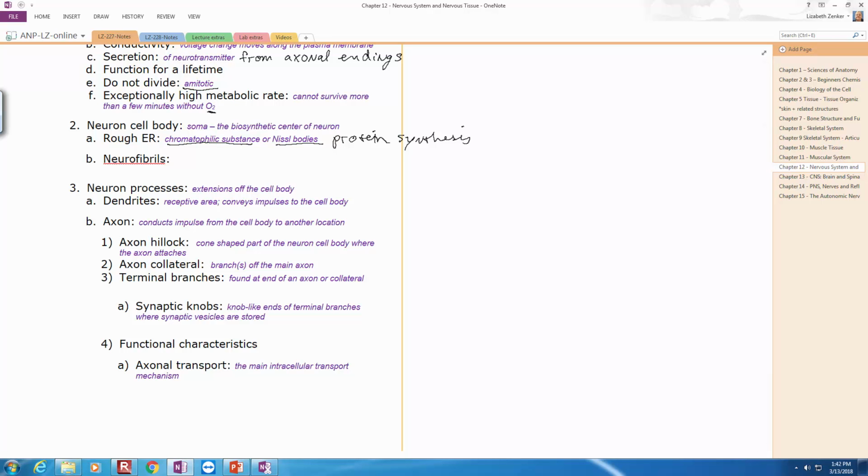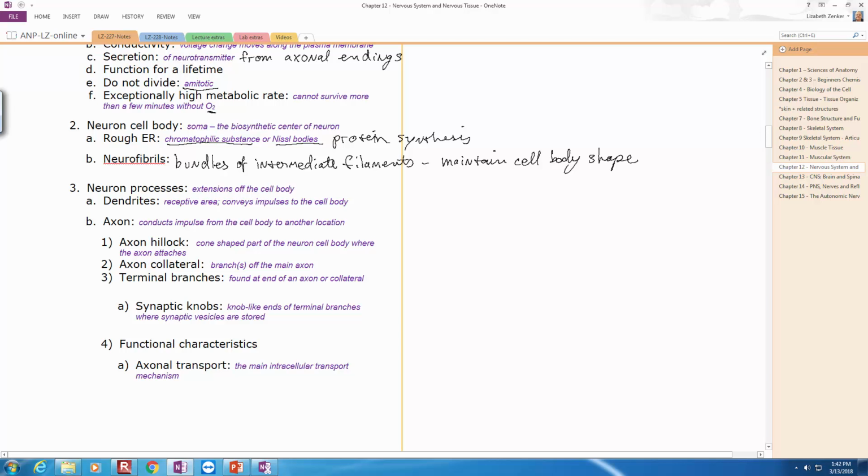They maintain the cell body shape. So I know it doesn't quite make the same sense as myofibril, so you'll just have to memorize this as being a little different. So neurofibrils are bundles of intermediate, kind of means like in between, intermediate filaments, which maintain cell body shape.